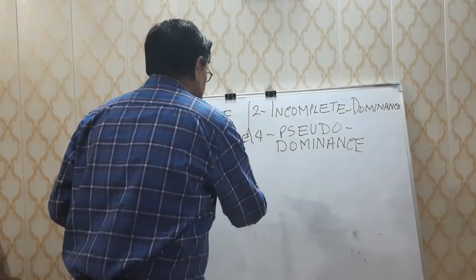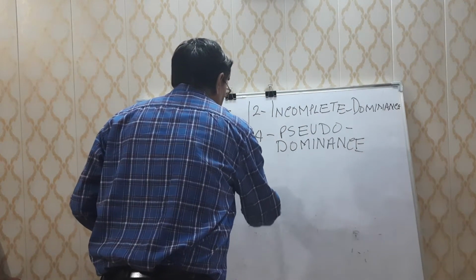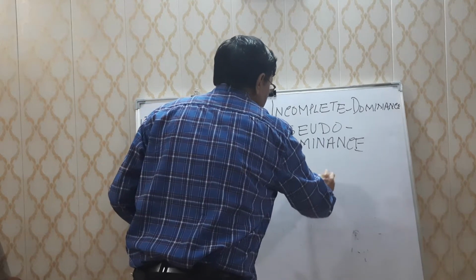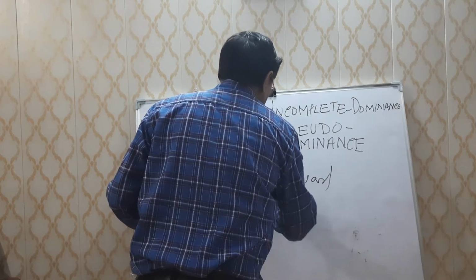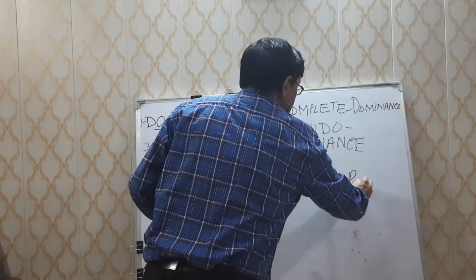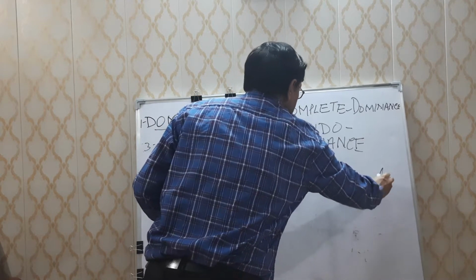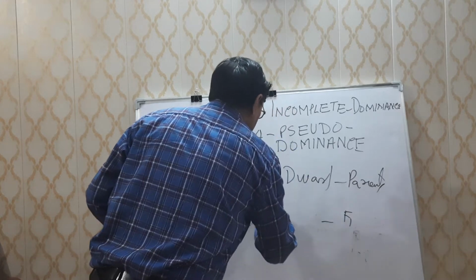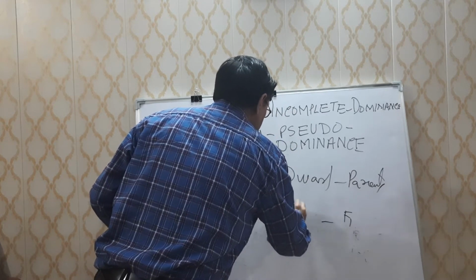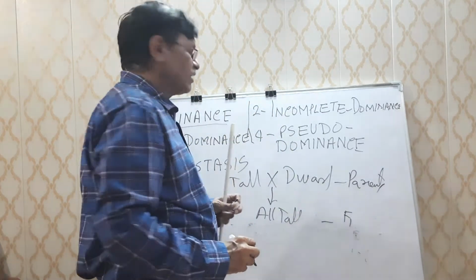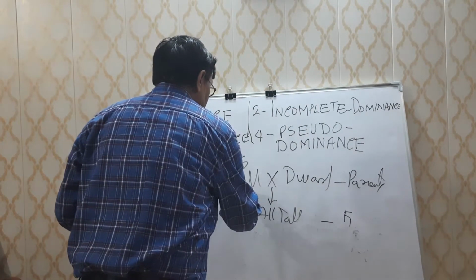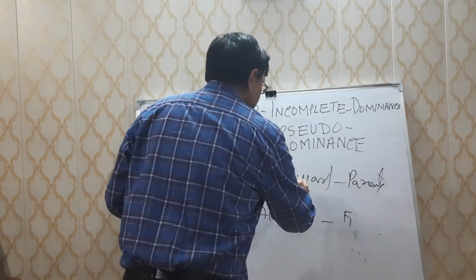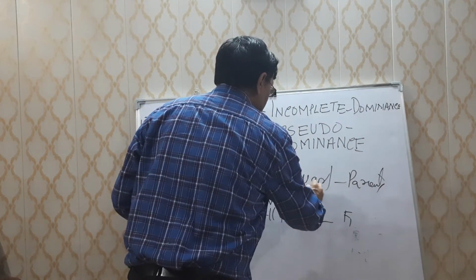For example, if we make a cross between a tall and dwarf pea plant, the parents, then in F1 generation all plants are tall. Here this tall plant contains 2 factors for tallness, the dwarf plant contains 2 factors for dwarfness.